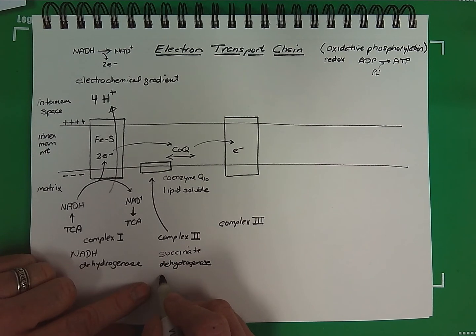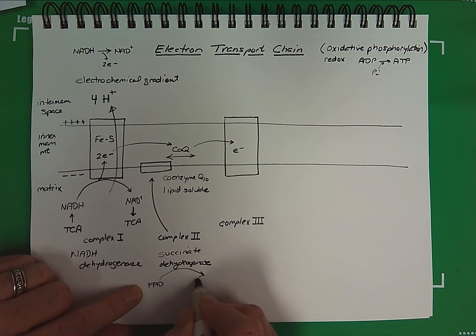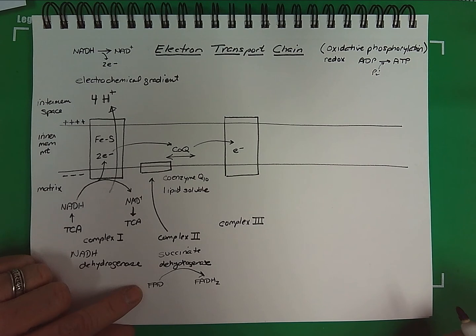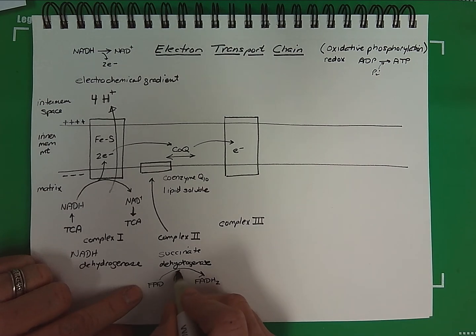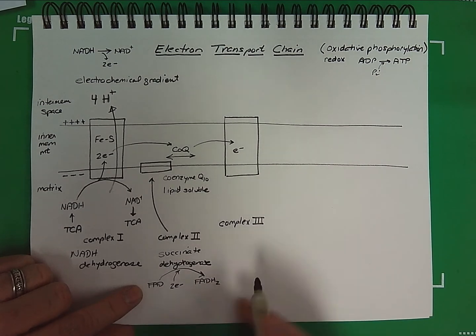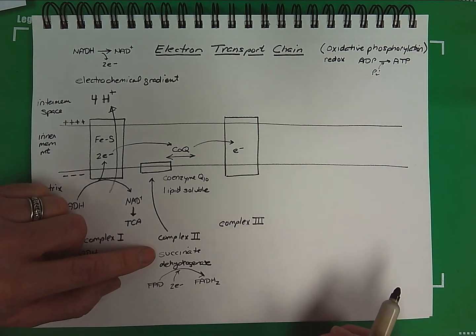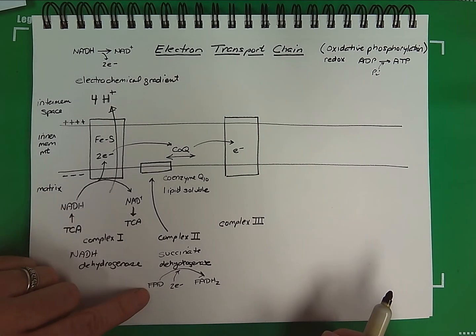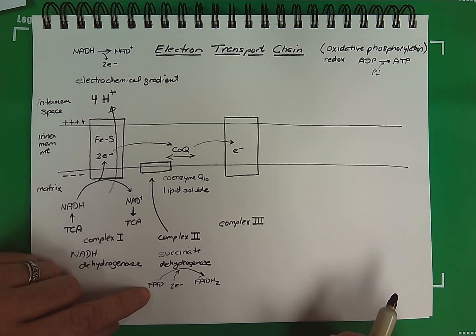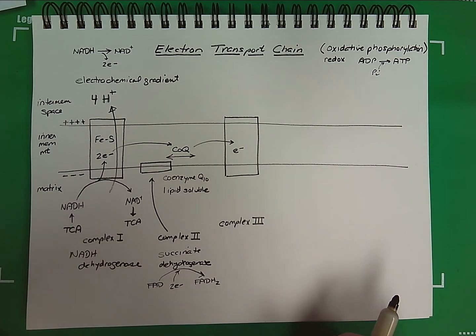And in doing so, we are performing a redox reaction, and we are generating FADH2 from FAD. Now these are the two electrons that are extracted from the two central carbons of succinate to create that double bond. They are placed on FAD to generate FADH2.